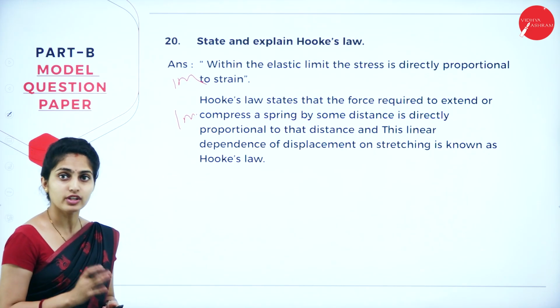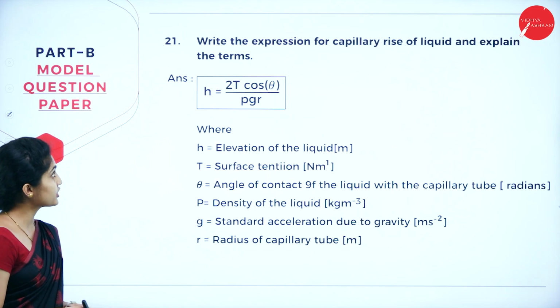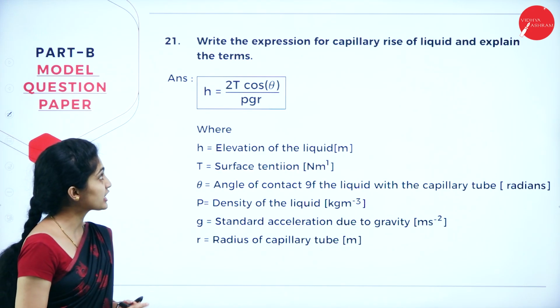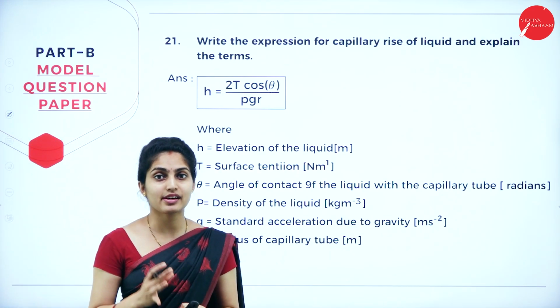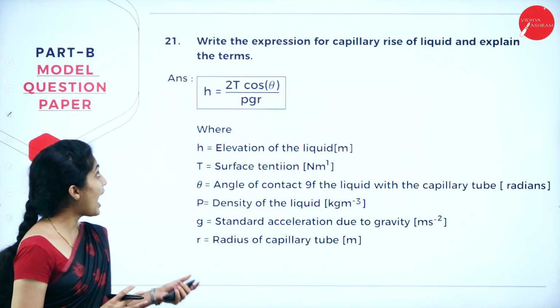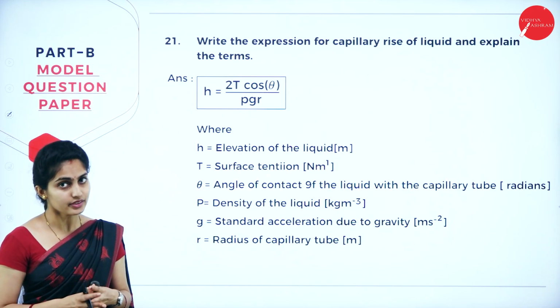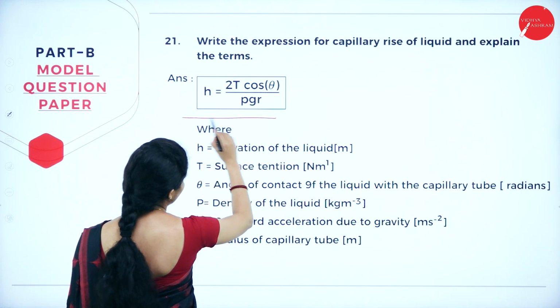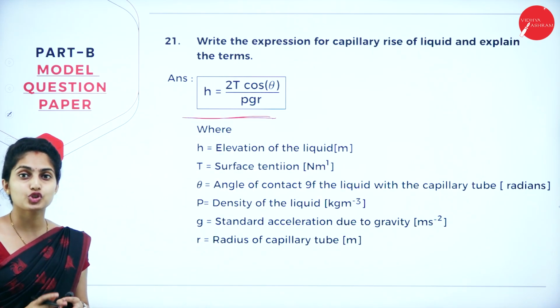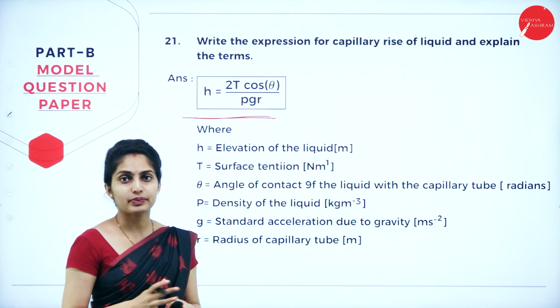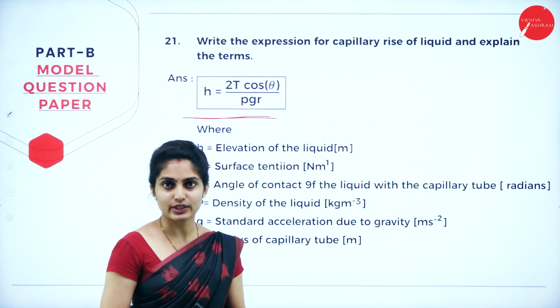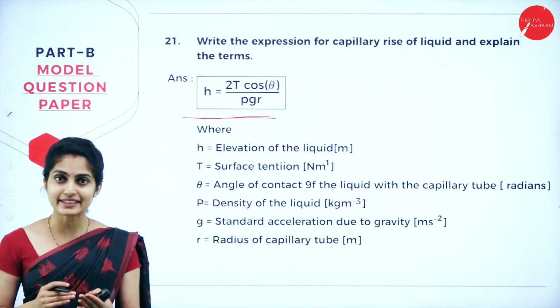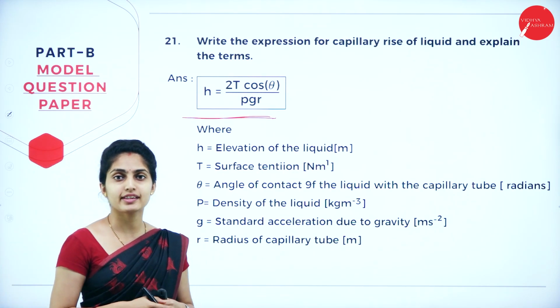Next, let us move to: write the expression for capillary rise of the liquid, and explain the terms. So here we have the expression for capillary rise, and this comes under the chapter Mechanical Properties of Fluids, that is the liquids, which comes in your second textbook, that is part 2 of your NCERT textbook.